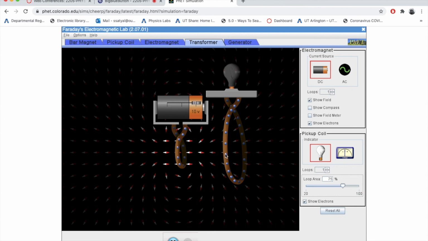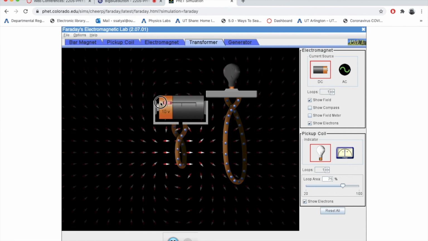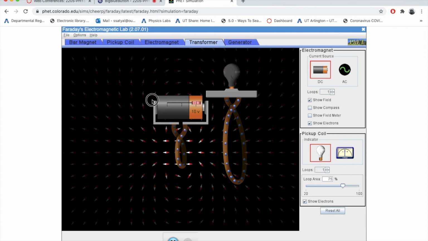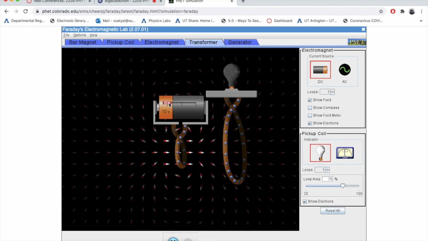For mutual induction, for instance, when the voltage goes from plus 10 to minus 10, positive to negative, I am simply changing the polarity of it. And what that does is change the magnetic field for one instant.